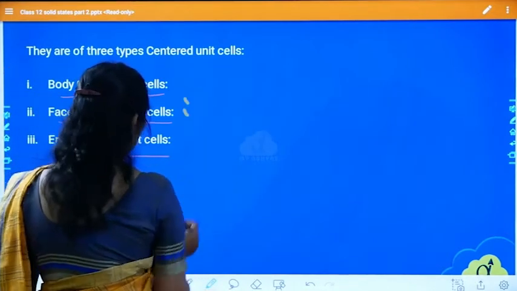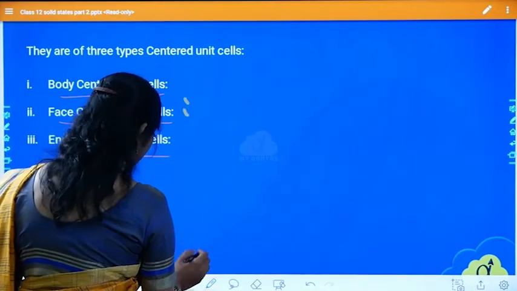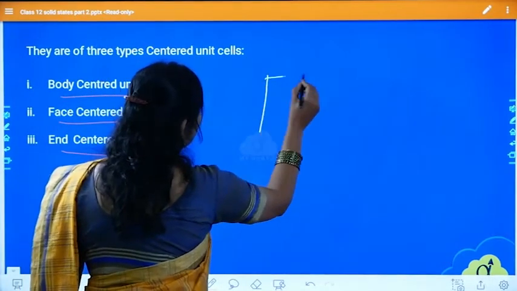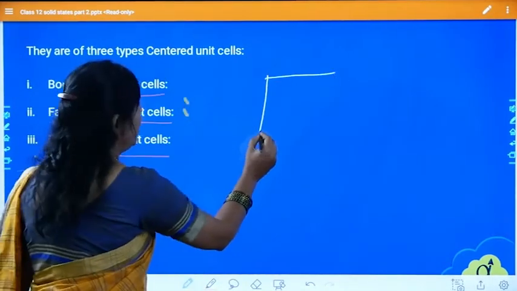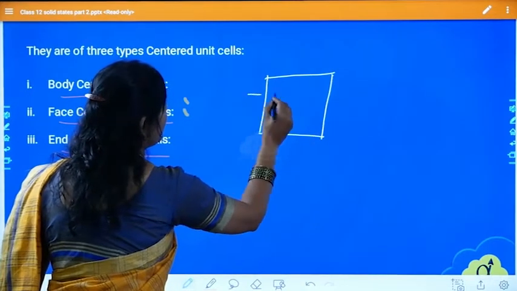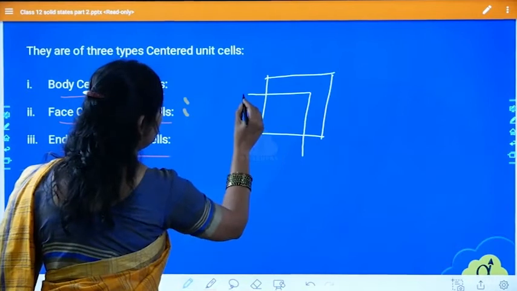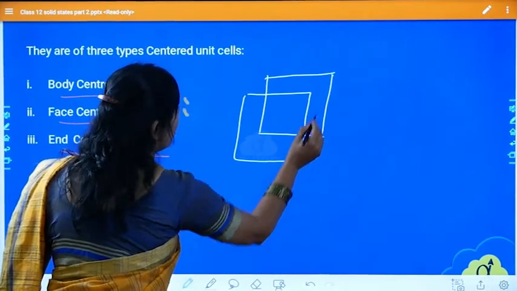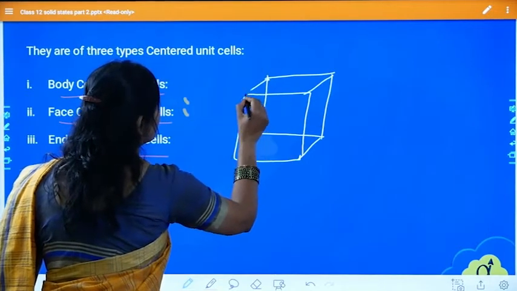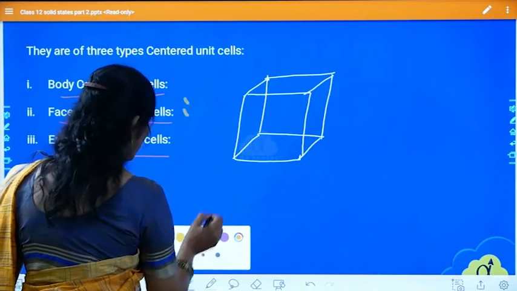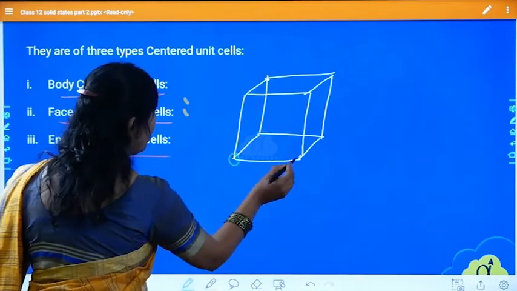Now I am talking about the body centered unit cell. Body centered unit cell means, please listen here. Again I am drawing a cube structure. This is a cube. Here the constituent particles are present at the corners.